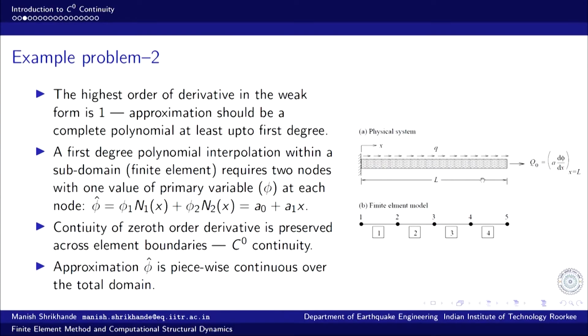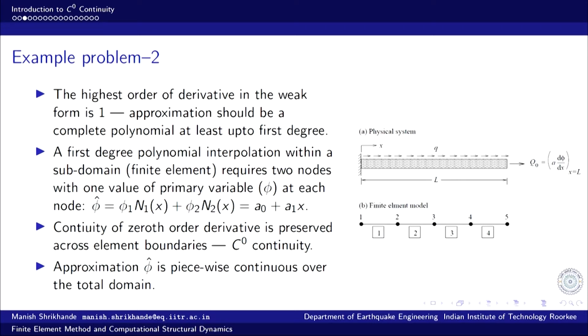Hello friends. So, we resume from where we were discussing the problem of axial vibration, axial deformation of this rod, and we had discretized this domain 0 to L into a set of 4 finite elements, 2 noded elements, each element comprising 2 nodes, and equispaced.